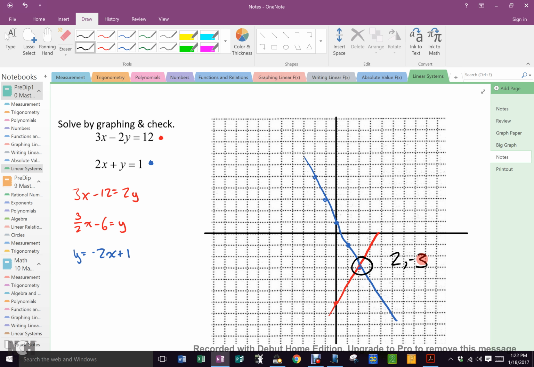You may not be done, but you understand the concept, yes? Everyone's cool? Okay, if you're not done graphing it, just keep working.